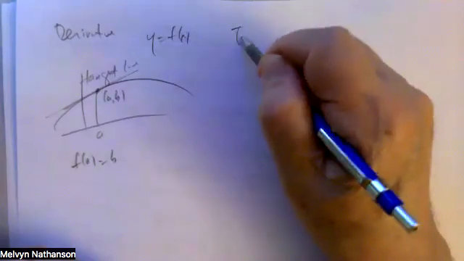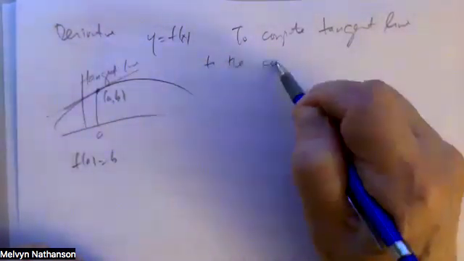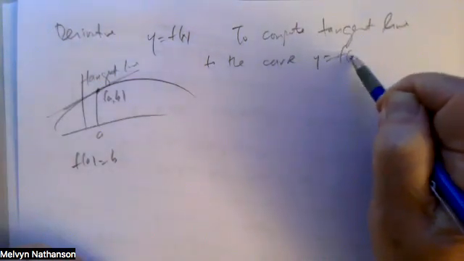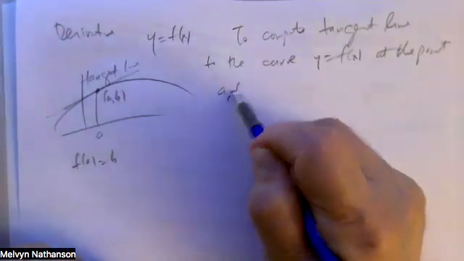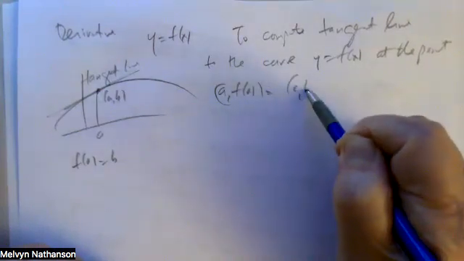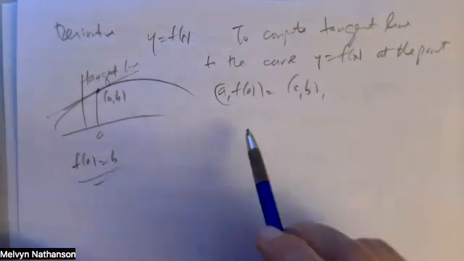And in order to draw or to compute the tangent line, so this should all be review of first semester calculus, to compute the tangent line to the curve y equals f of x at the point (a, f(a)), or (a, b) if we're calling b equal to f(a). Now, to draw a line, it suffices to have one point the line goes through, and the tangent line is going to go through this point, and then you need the slope of the line.